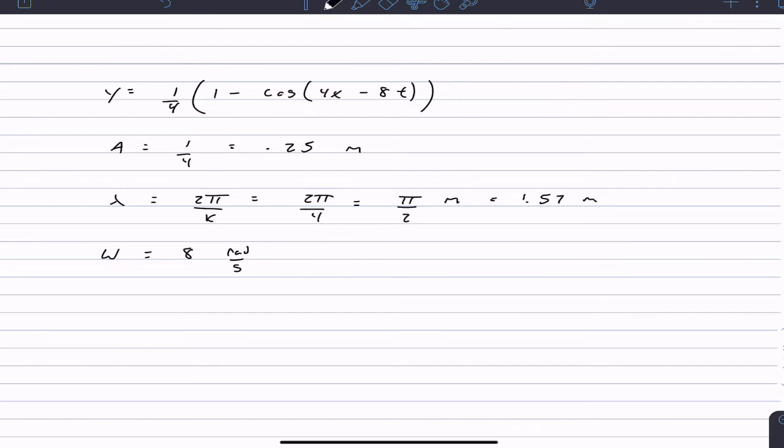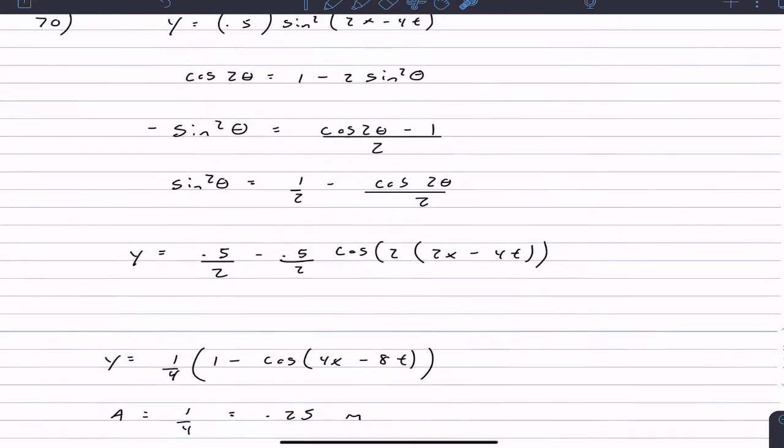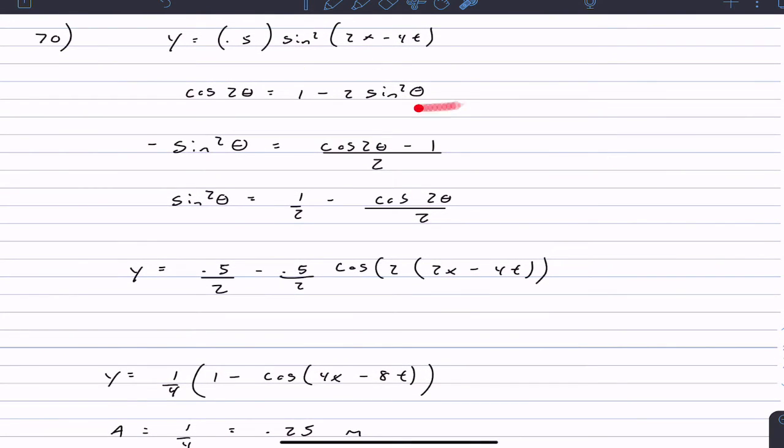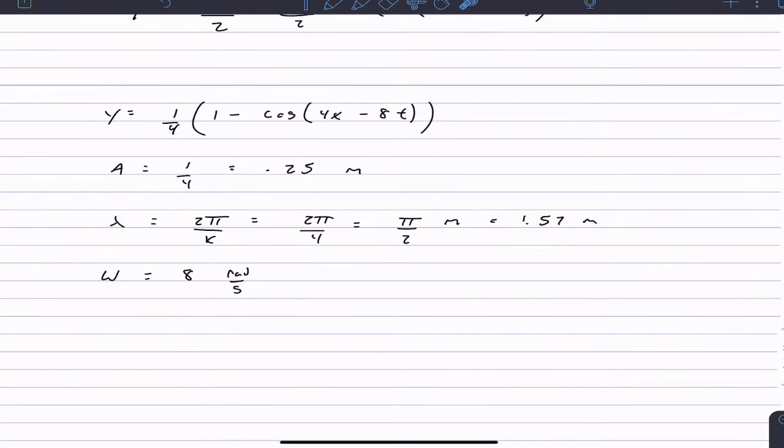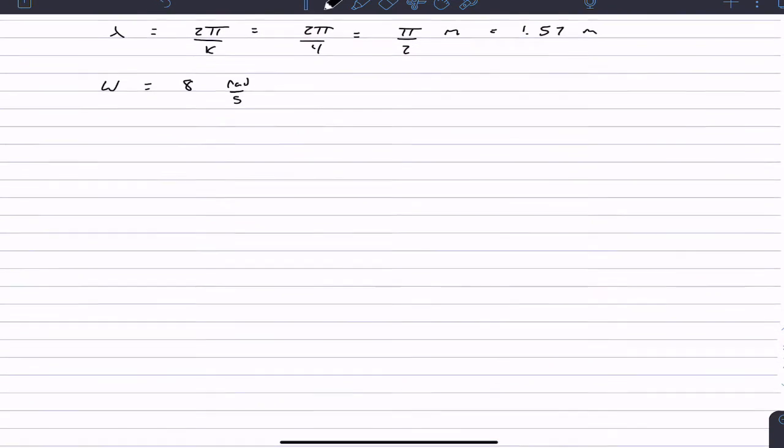The main thing that we had to do was just rearrange using some algebra given this relationship. It did make our function look a little different, but the general concept of the amplitude is still the same. It's the coefficient out front of the function, and then this was k and this was omega. So next problem.